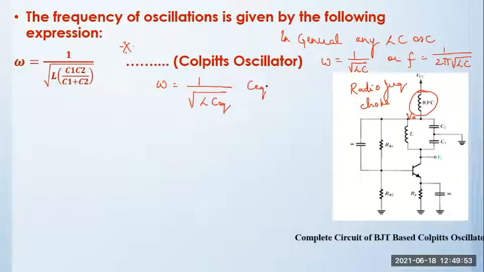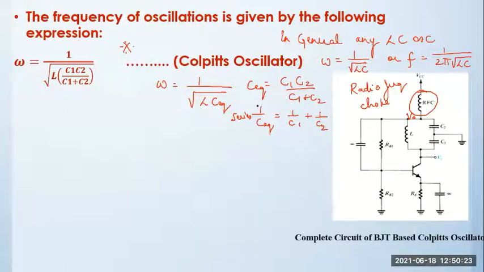In a Colpitts oscillator, omega is given as 1 over root L into C equivalent. C equivalent is the series combination of the two capacitors. How do I find the equivalent capacitance of two capacitors in series? Remember, it is C1 C2 by C1 plus C2, or when capacitors are in series, 1 by C equivalent is equal to 1 by C1 plus 1 by C2.